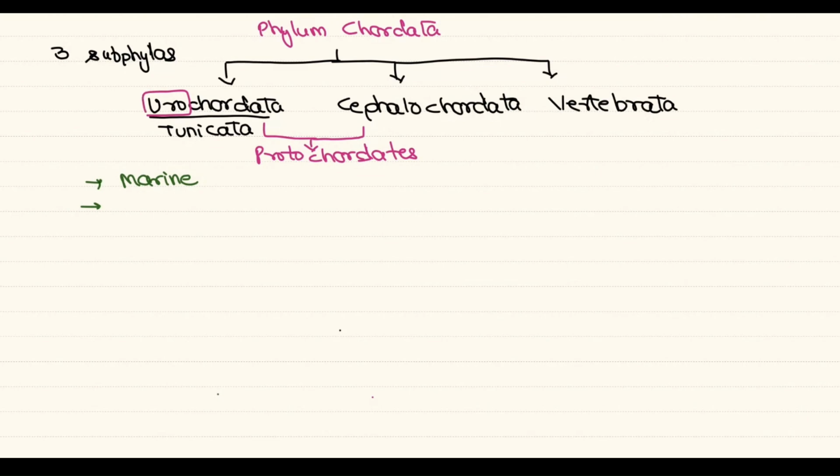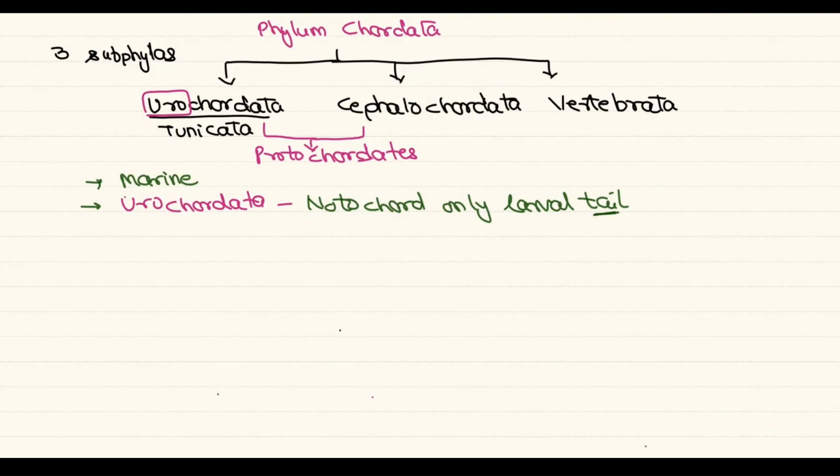The name Urochordata suggests that the notochord is present only in the tail region, that too in the larva. So notochord only in the tail, thus the name Uro and chorda, that is the notochord. Then what are cephalochordates?